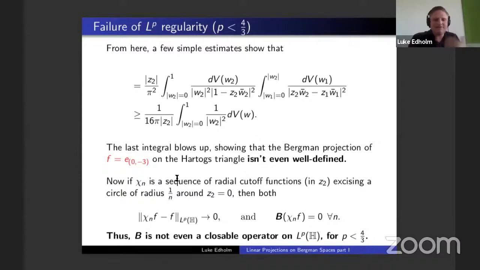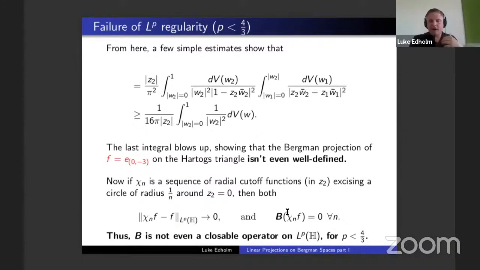So let me reformulate it this way. Say we let chi n be a sequence of radial cutoff functions in the Z2 variable, excising a circle of radius 1 over n around Z2 equals 0. Then this limit in the LP norm will tend to 0 as n goes to infinity.